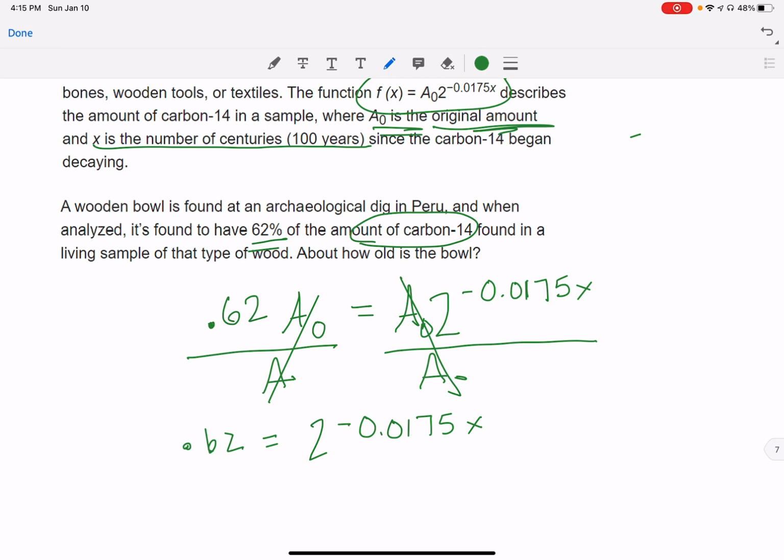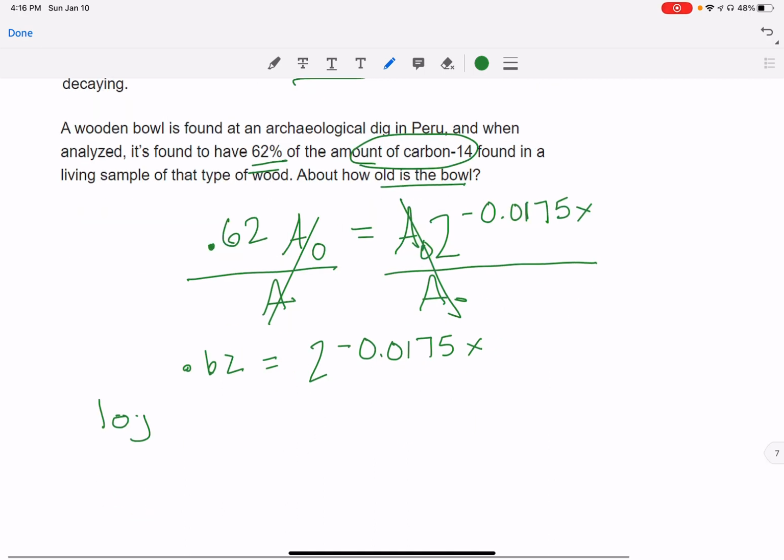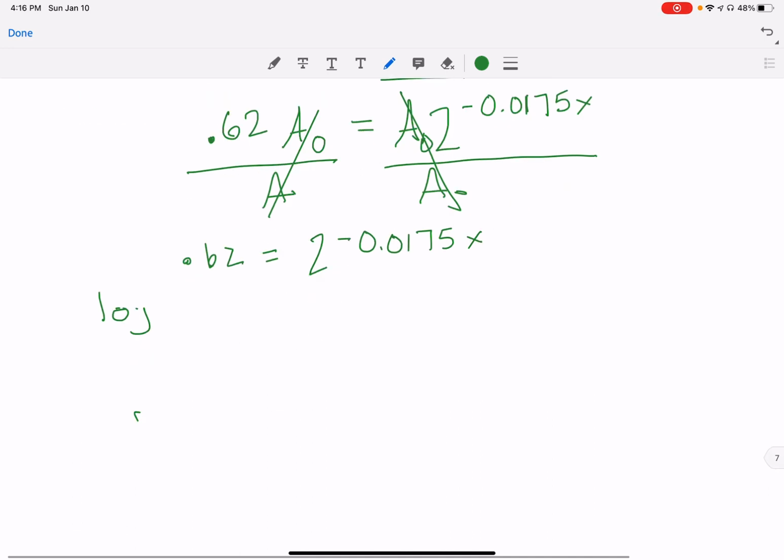Okay, and remember we're trying to get our x down. X is going to be how old the bowl is in centuries. So we're going to take the log base 2 of both sides to undo the exponent.